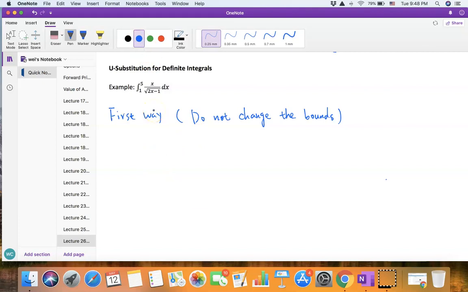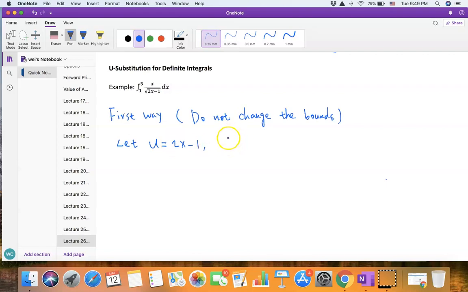Let's think about which term we should let be u. So here we have this term. This quantity 2x minus 1 is under the square root. So I decide to let u be 2x minus 1.